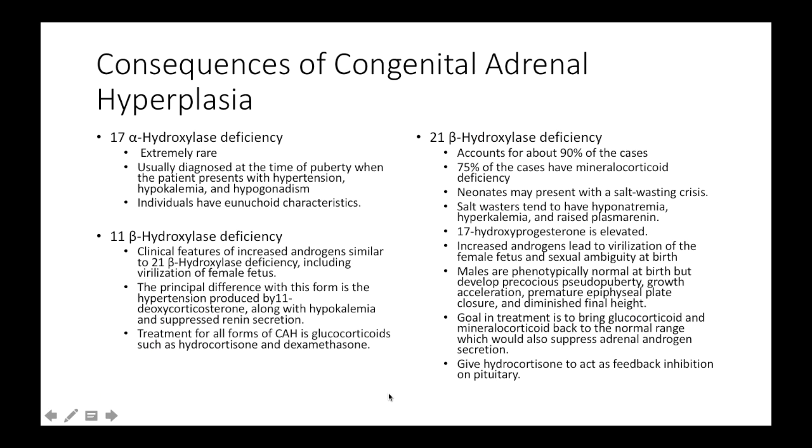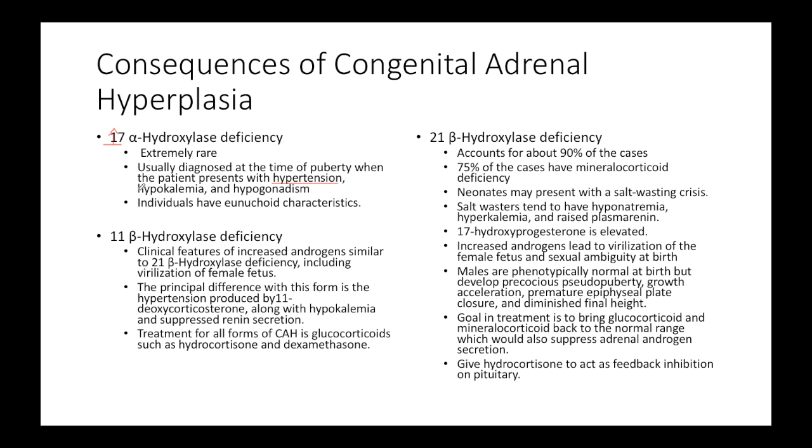All right, so a little more on some of the consequences of these deficiencies. Again, the first one we talked about on that chart was 17 alpha hydroxylase. This one is extremely rare and is usually diagnosed at the time of puberty. Like we talked about, the first number is a 1, so you're going to have hypertension.